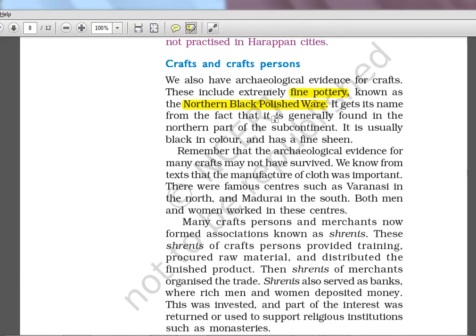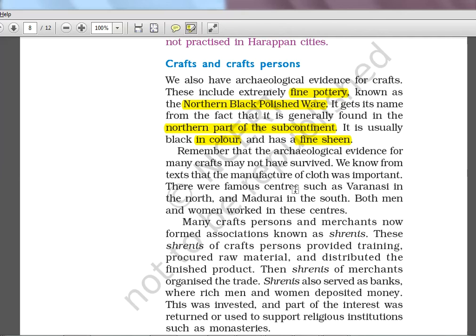In Nitin Singhania notes and all, you can find that northern black polished ware. So try to relate like this when you study something. Try to see the chronology of what was there in the previous ages. It got its name because it was in the northern part of the subcontinent, and it is black in color and fine sheen. Sheen means brightness. So that is the northern black polished ware.